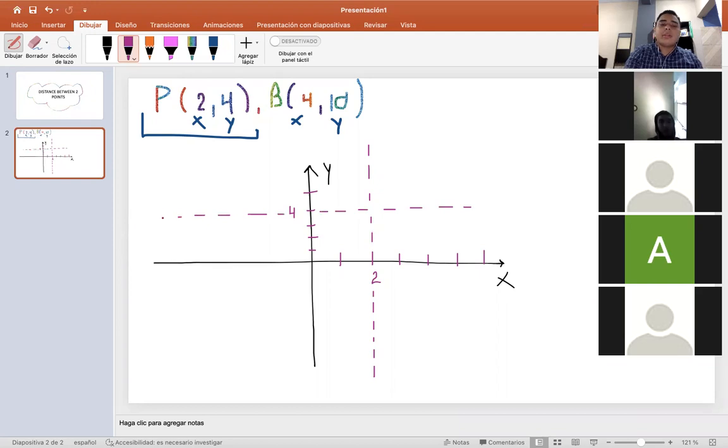Now, the point is going to be located in the section of the plane where the 2 vectors touch each other. Who can tell me which is the section of the plane in which the 2 vectors touch each other? Who can tell me, guys?